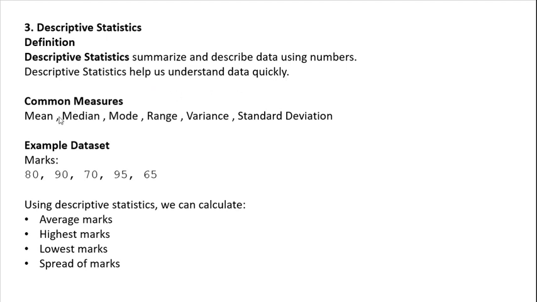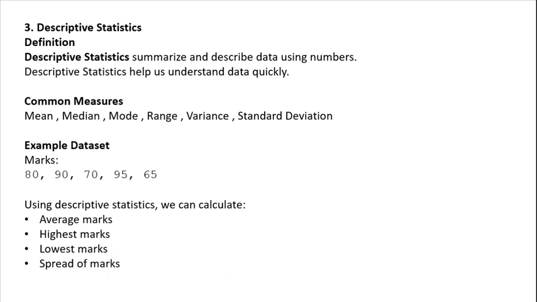The common measures are mean, median, mode, range, variance and standard deviation. For example, given a data set of marks, using descriptive statistics we can calculate the average marks, highest marks, lowest marks and the spread of the marks.